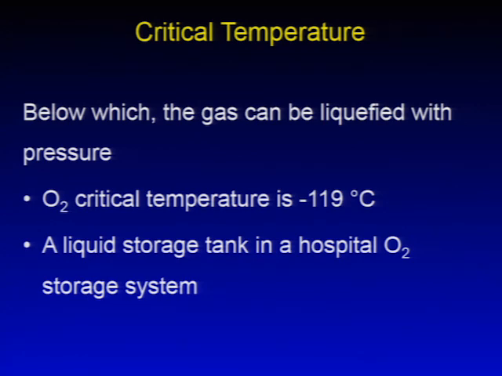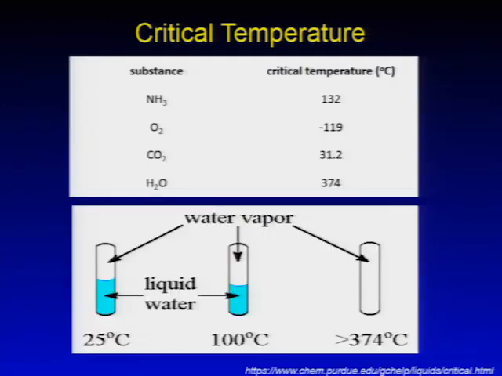Which means that if the temperature is higher than the critical temperature of a certain gas, no matter how much pressure you apply to the gas, you cannot liquefy that gas. So what are the critical temperatures of the main gases?